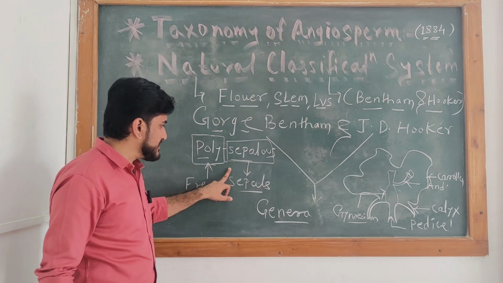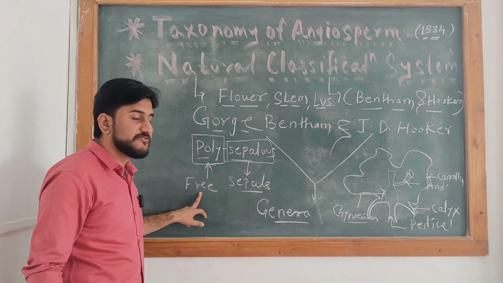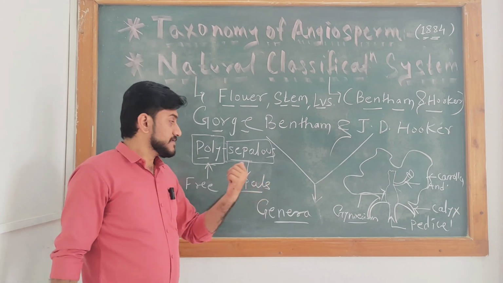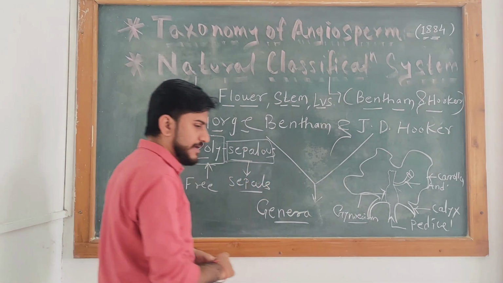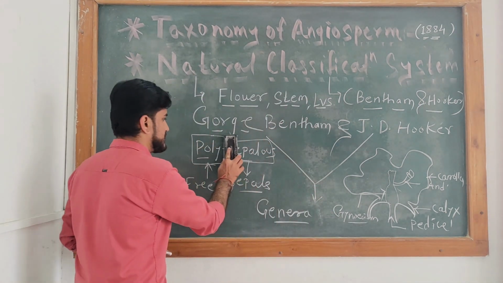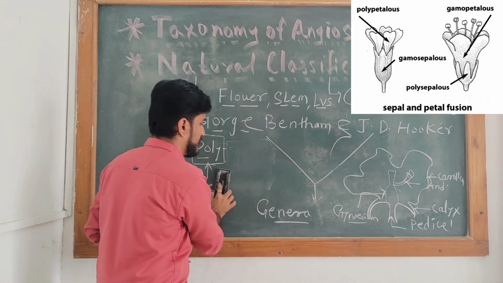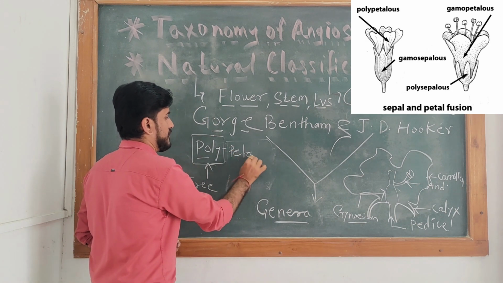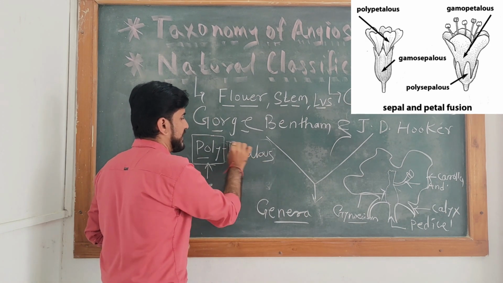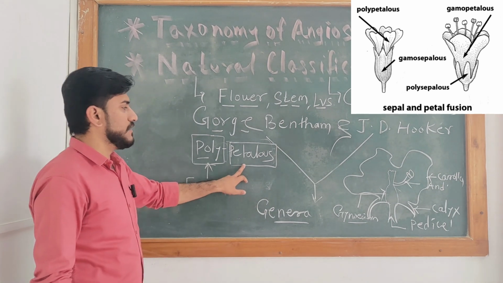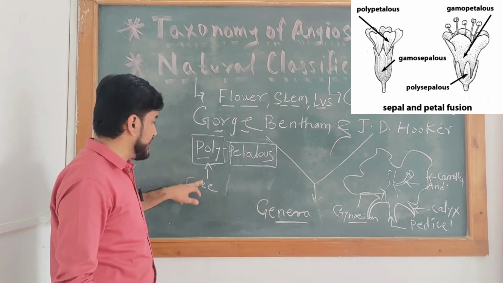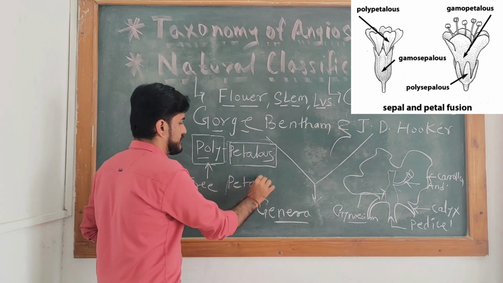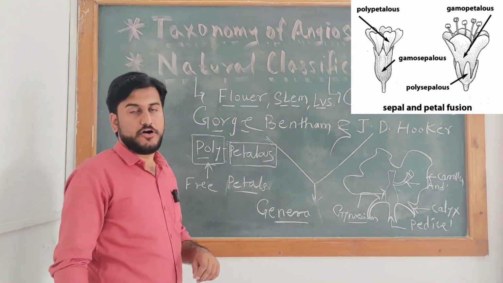So the calyx present in that flower is free. Okay. The second one is polypetalous. Polypetalous means the petals present in that flower are free. So free petals are present in that particular flower.